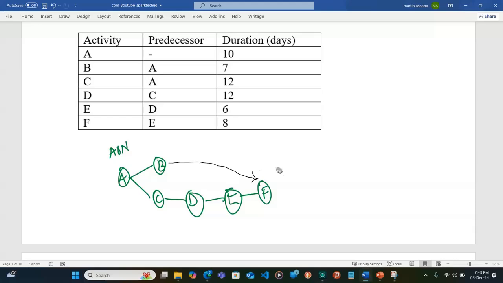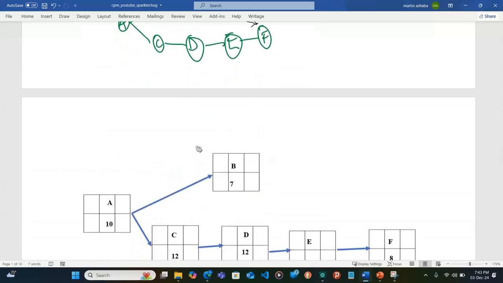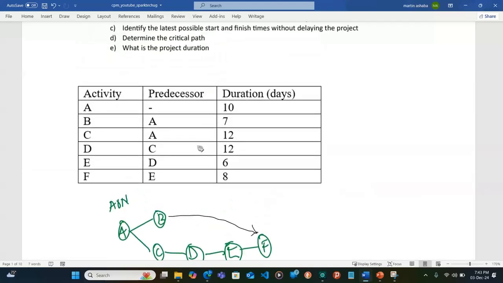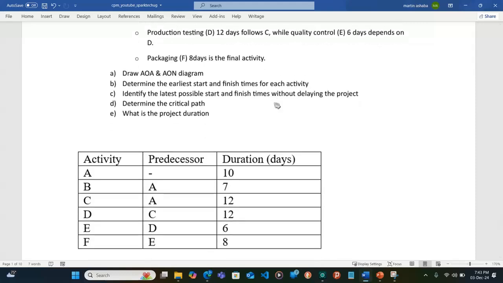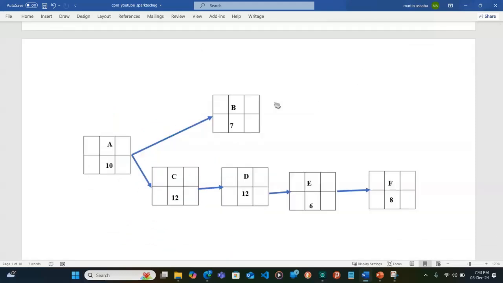You indicate everything on those nodes, and then later on you proceed. Since we are told that we need to calculate the earliest start and finish times for each activity, we are going to do this in detail.